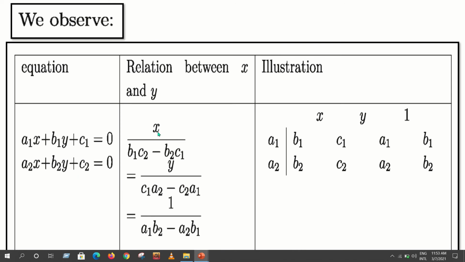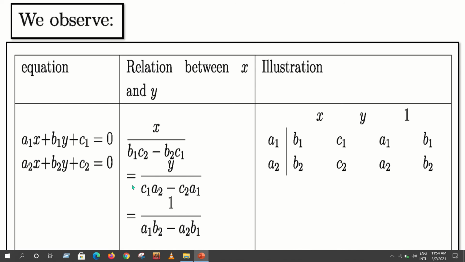Follow here. When we take x, we have to omit this part, a1 x and a2 x, that means b1 c2 minus b2 c1, that means multiplying the constant term and the coefficient of y. Here also the same. That means at first we have to take this, then minus, then this.